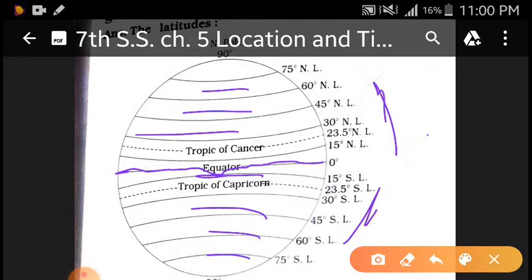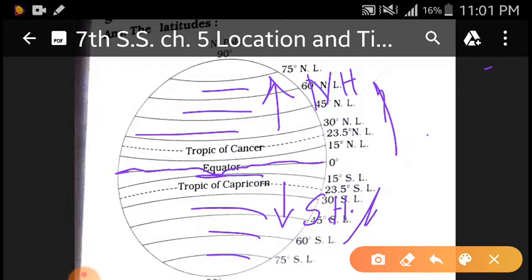Latitudes mean horizontal lines, and in the center there is the equator, which divides the earth into two parts, northern side and southern side. The part on the top is known as the northern hemisphere, and the part from the equator on the downside is known as the southern hemisphere.